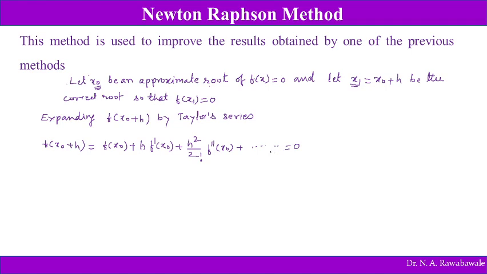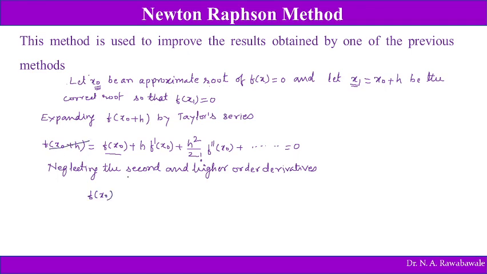So neglecting the second order and higher order derivatives, we can write this function as f of x naught plus h f dash of x naught, which is equal to 0.